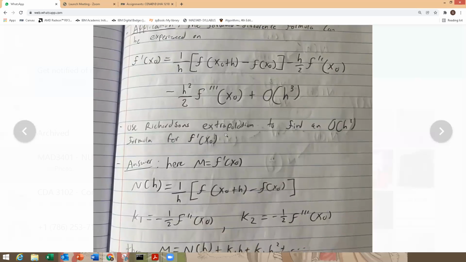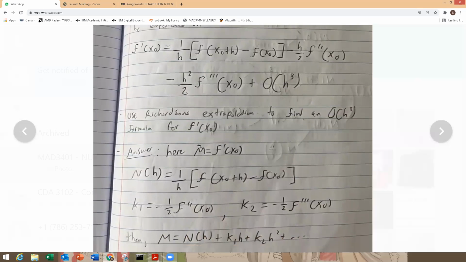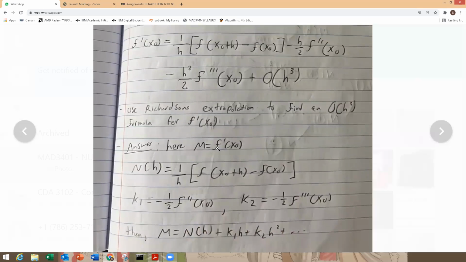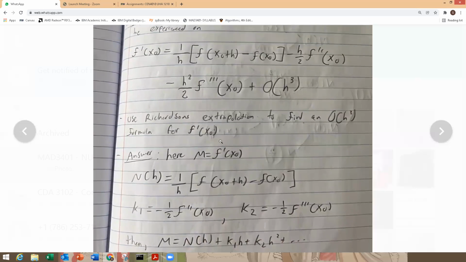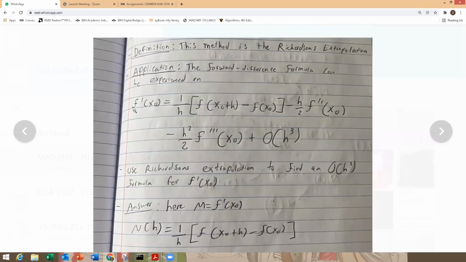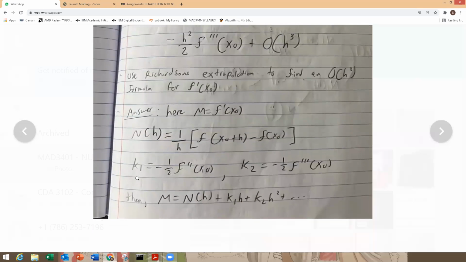So we want to use Richardson extrapolation to find a big O of H cubed formula for f prime of X naught, right? Same exact question. And down here, he gave us the answer. M equals f prime of X naught, right? So that's why we replace f prime of X naught with M. So we do M equals this, and then we start subbing, right?